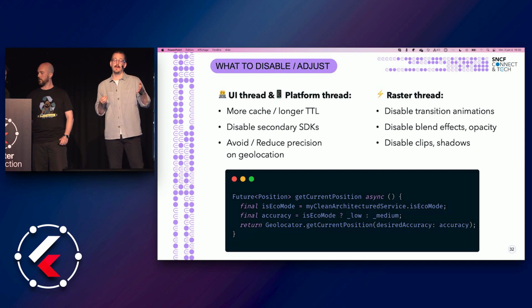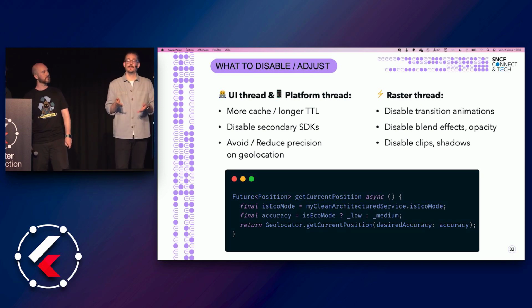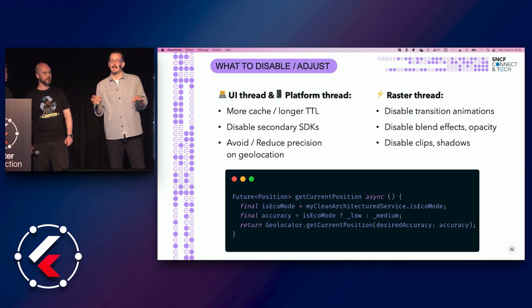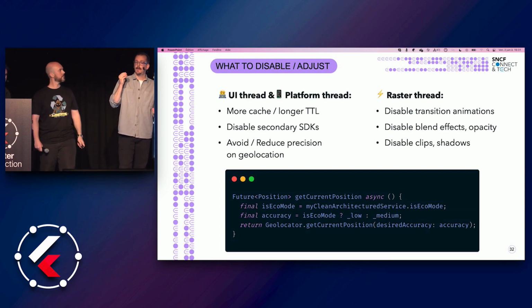You can avoid or reduce geolocalization precision or other stuff precision if you don't really need them for your user. But you can also target the raster thread or the transition animation, the blend effect, opacities, clip, and shadow. These things are really hard on low-end device, so you can improve performance by just making it more simple.